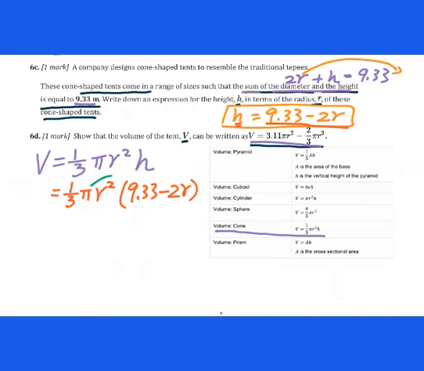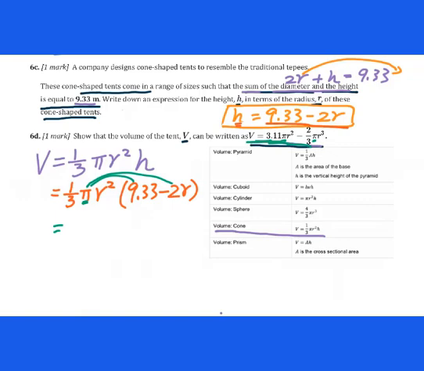So we do the distributive property. You will get, check this formula, there is a pi. So this pi leave as it is. Don't change it into 3.14 this time.